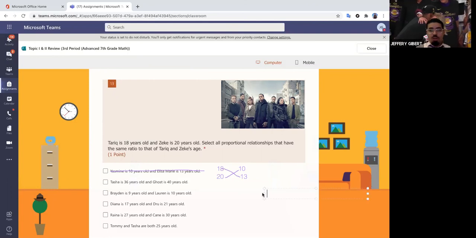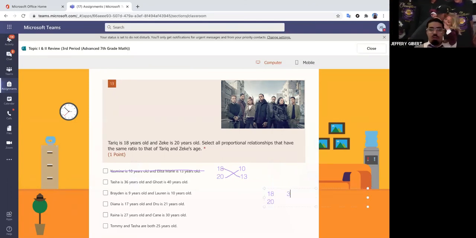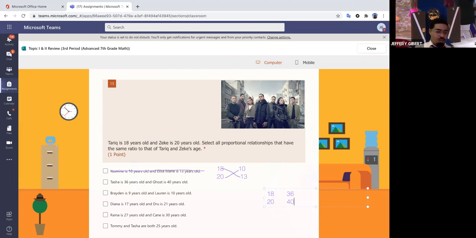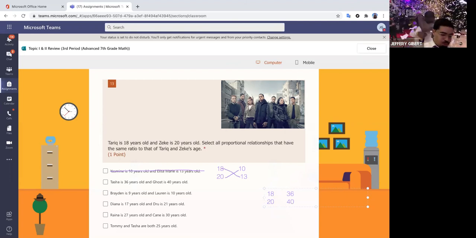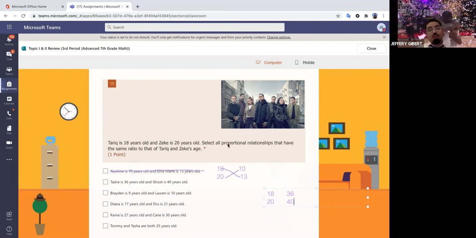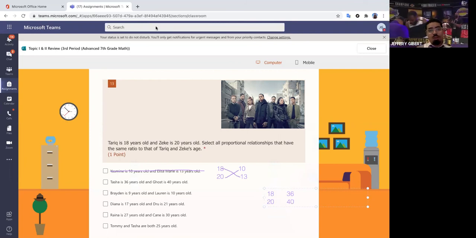For the next one, we got 18 over 20 equals 36 over 40. So you cross multiply. 18 times 40, that's 720. 20 times 36, that's 720. So Khalees, is 720 equal to 720? Yes.